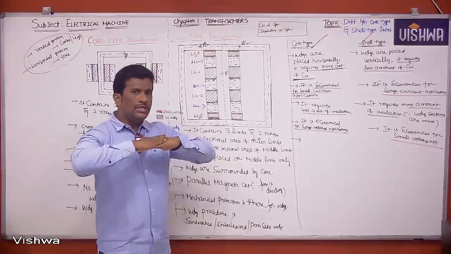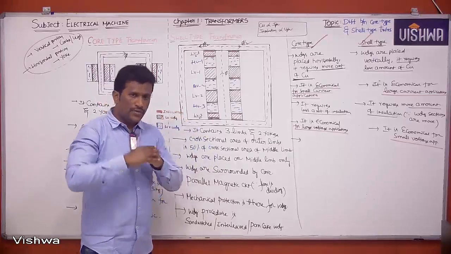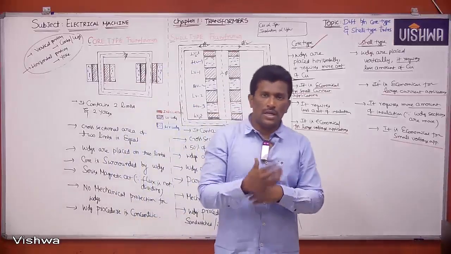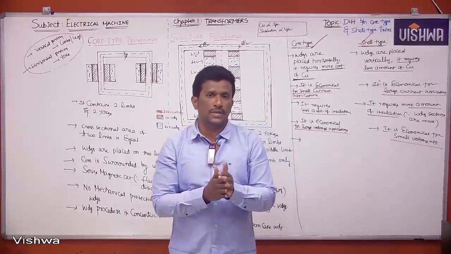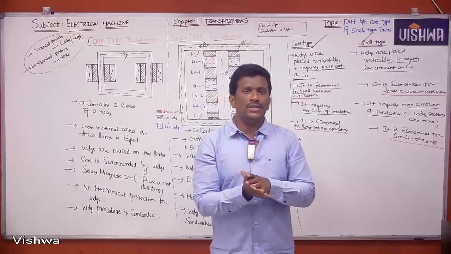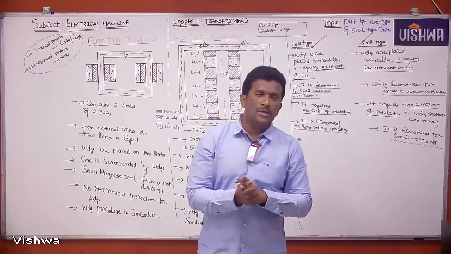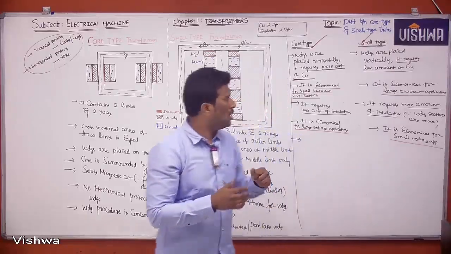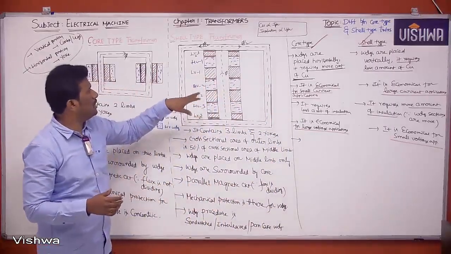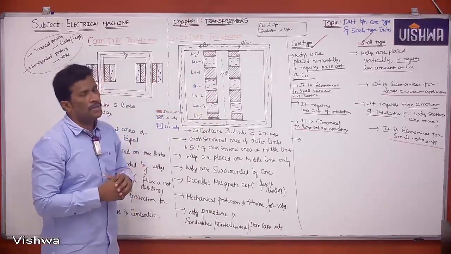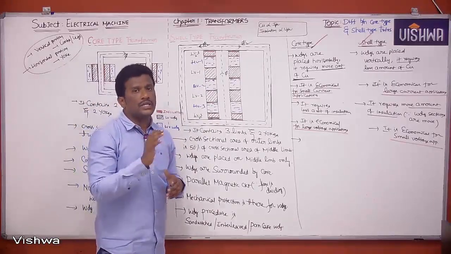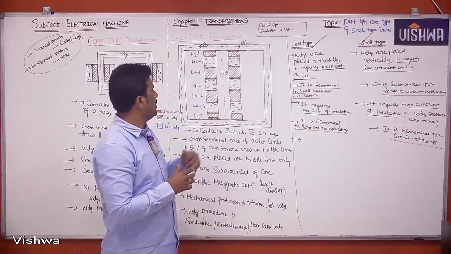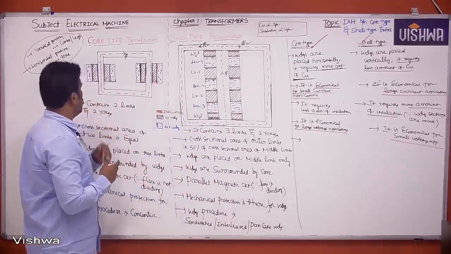If LV is surrounded by 2 HVs, or HV is surrounded by 2 LVs, there is a lot of chance for leakage flux to interact with both windings. If a flux links with both windings, that becomes useful flux. That means indirectly leakage flux is reduced. So obviously, leakage flux will be less in shell type and more in core type transformer.